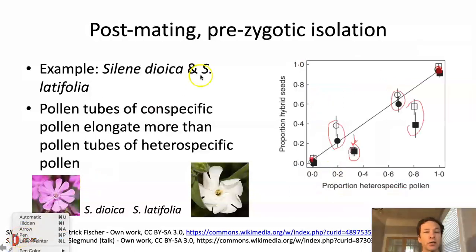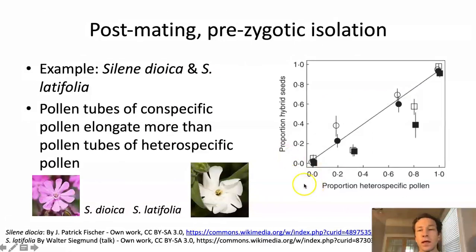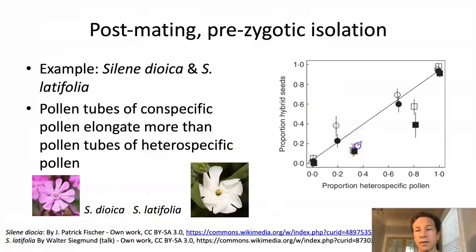When we look at actual formation of hybrids, what we see is that on one species, if we put on a mix of pollen, and so this is the proportion of heterospecific pollen that we put on, in other words, the proportion of pollen from the other species, we get a lower proportion of hybrids forming than we would expect if the pollen did equally well.